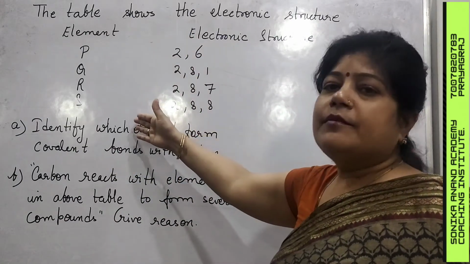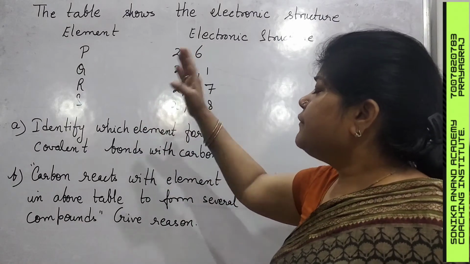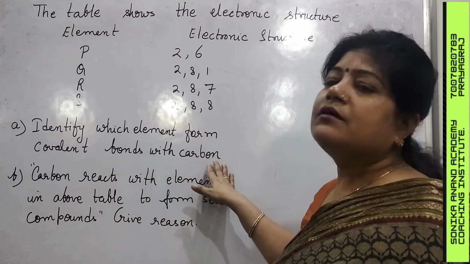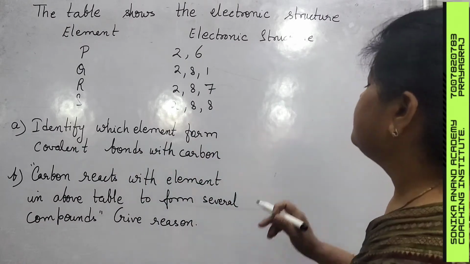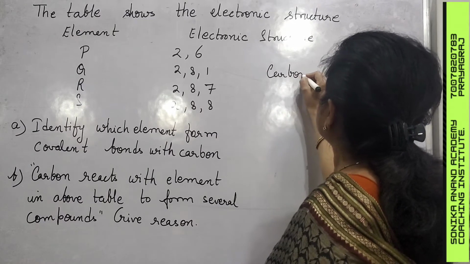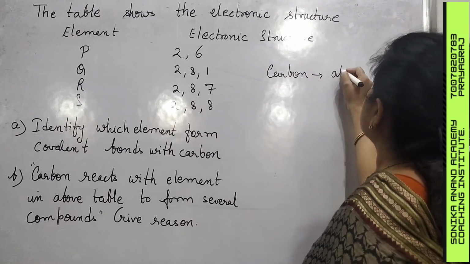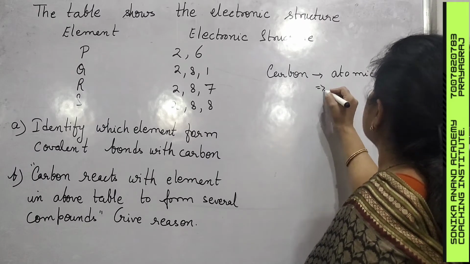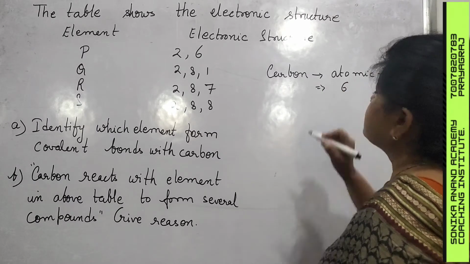In the given elements, we have to identify which of the elements can form covalent bonds with the carbon. Now, as we know, carbon has the atomic number 6.